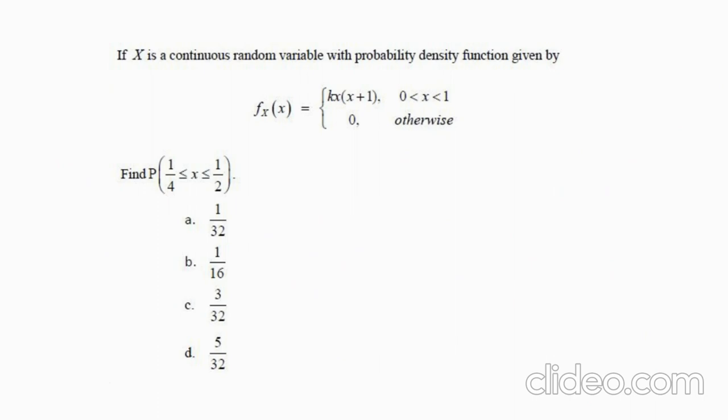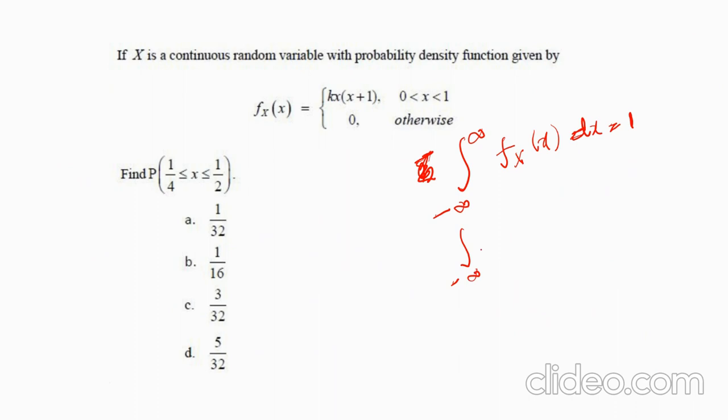Now we have here a probability density function, because the random variable x we have here is continuous. So the solution will come as the integral from minus infinity to infinity of f(x) dx.